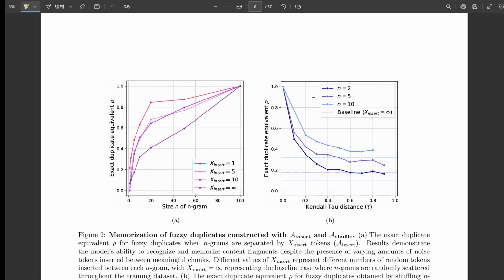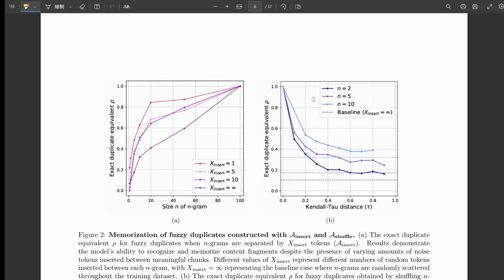It's basically a way to quantify how much memorization impact a single fuzzy duplicate has compared to an exact duplicate. So rho equals 1 means a fuzzy duplicate is just as good as an exact one for memorization. Exactly. And rho equals 0 means it has no effect at all. You got it. Rho equals 1, same impact. Rho equals 0, no impact. This metric is really central to their whole quantitative analysis. It lets them put a number on mosaic memory.